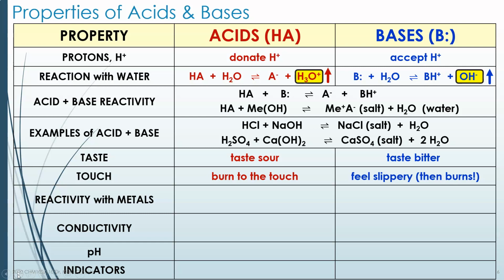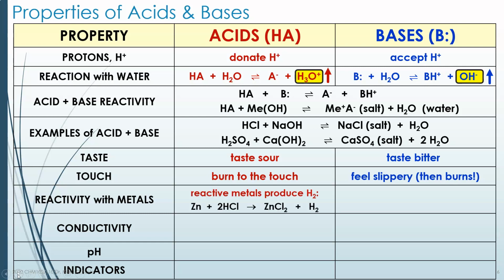So you can actually turn your skin into soap. I do not recommend this, but that is why they feel slippery. If you get, say, concentrated or even dilute sodium hydroxide or potassium hydroxide on your hands, you'll feel that slipperiness. Of course, wash your hands immediately if you touch any of these strong bases or acids, even if they're dilute.